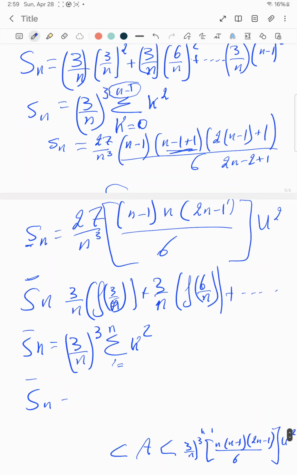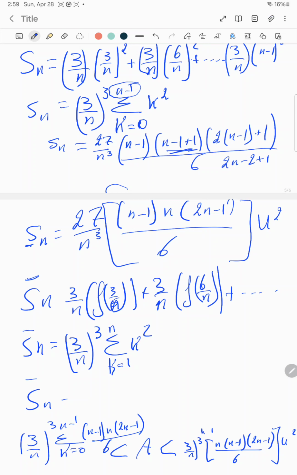Okay, and I'll rewrite it. 3 over n to the power of 3 sum k equals 0 to n minus 1, and it becomes n minus 1 times n times 2n minus 1 divided by 6. So my area is it will be in between those two.